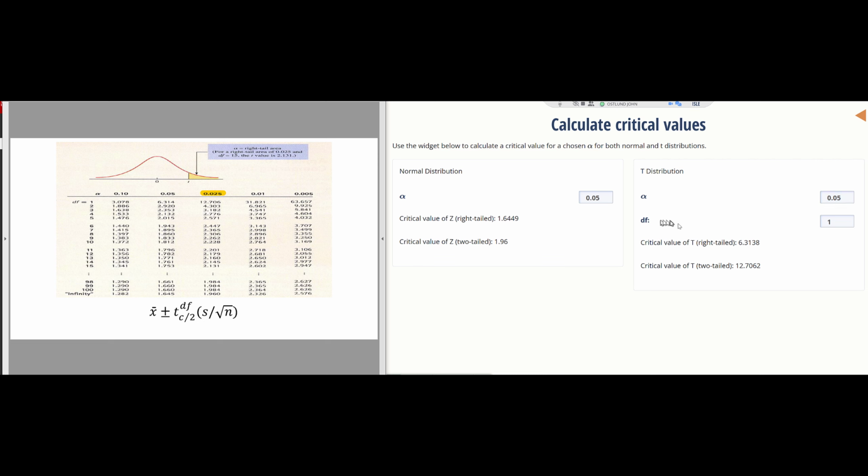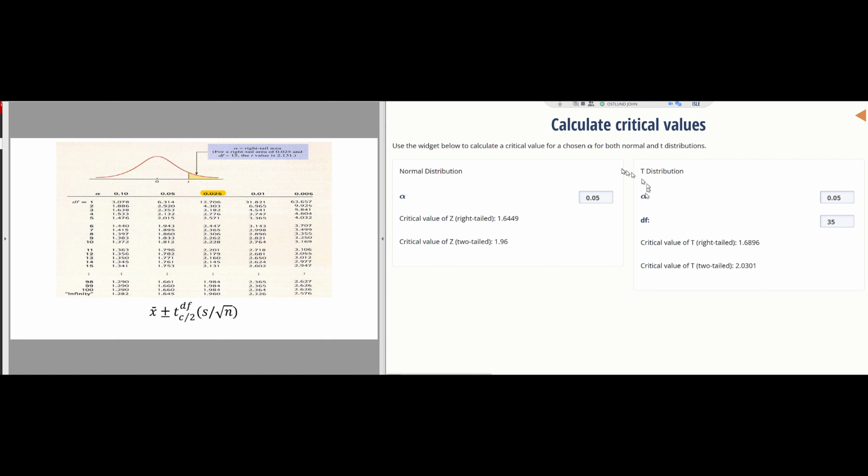For degrees of freedom, 1 is kind of absurd, but remember our original sample was 36 households, and therefore our degrees of freedom after we've calculated the mean of that sample is going to be 36 minus 1, which is 35.